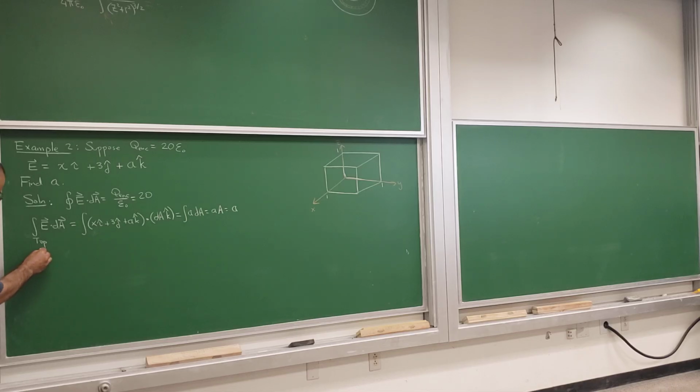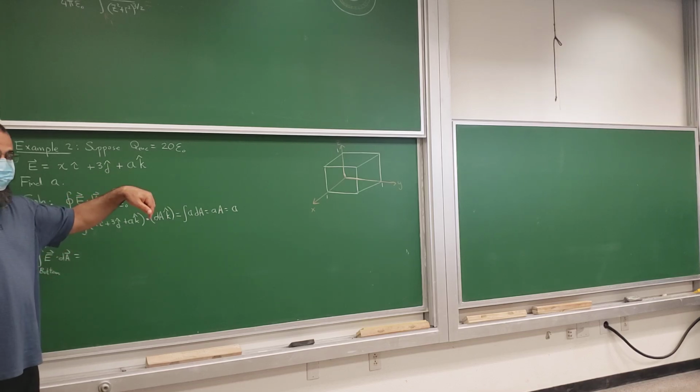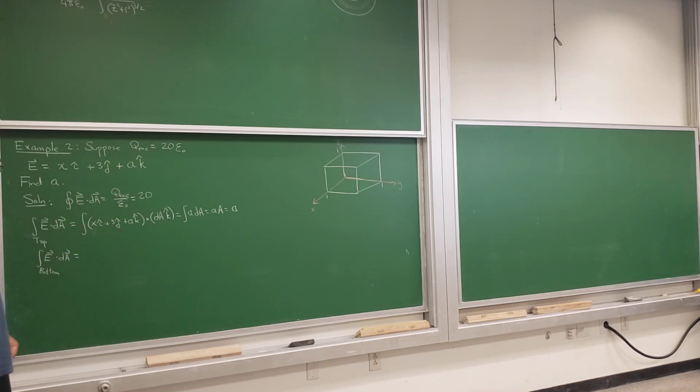Let's do the bottom. This one is going to be just as easy. In what direction is dA now? Down, right? So minus k hat direction.